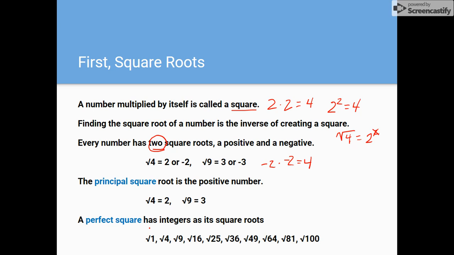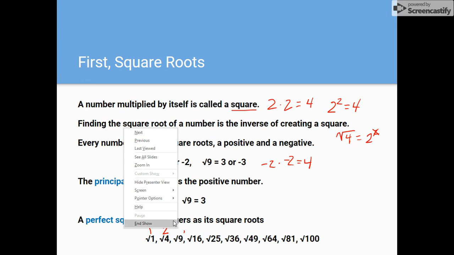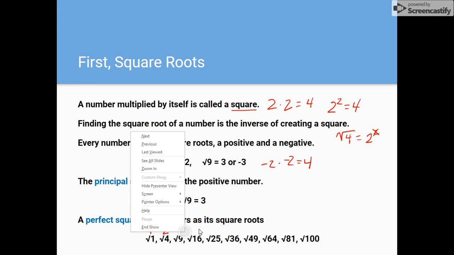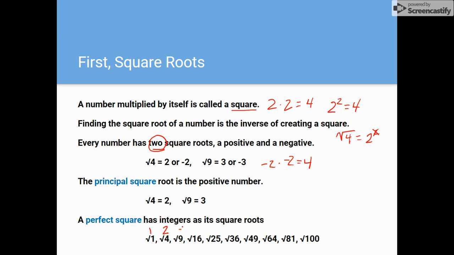So a perfect square has integers as square roots. So the square root of 1 is 1. The square root of 4 is 2. These are perfect squares because 2 times 2 is 4. The square root of 9 is 3. The square root of 16 is 4.